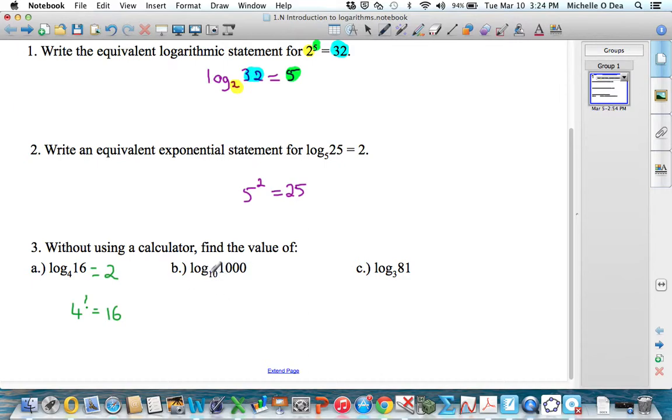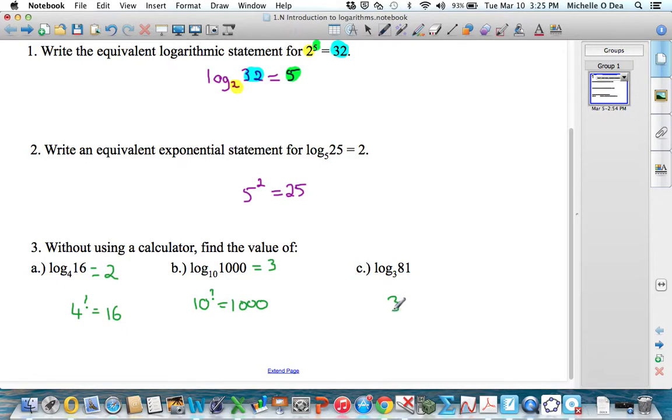Again, now we have log of 1,000 base 10. That's saying if we rewrite it as an exponential, 10 to the power of something gives us 1,000. And hopefully you know 10 times 10 times 10 is 1,000. So that's 10 to the power of 3. So log of 1,000 base 10 is 3. And one last one. Again, log 81 base 3.